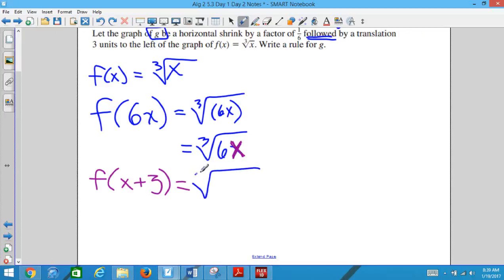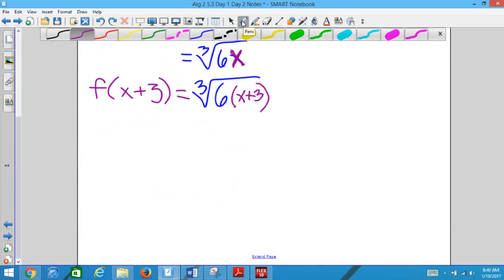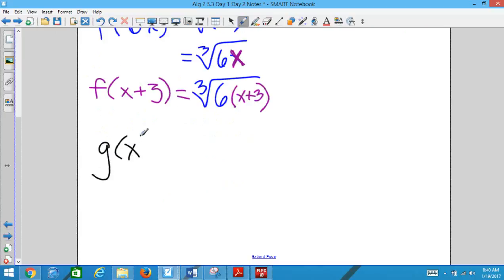So I still have cube root 6, but instead of x, I now have parentheses x plus 3. Is there anything we can simplify with that? We can distribute that. So I will have cube root 6x plus 18. So that g of x is my final answer. That's what they wanted us to write it as, the g of x.